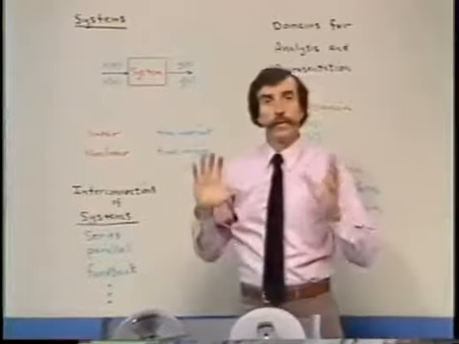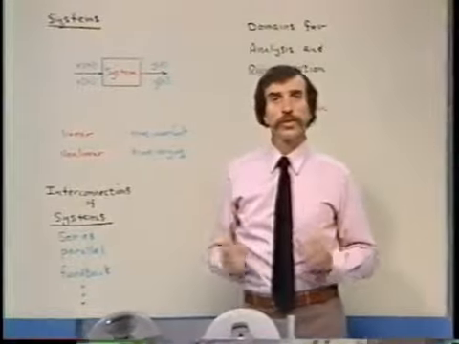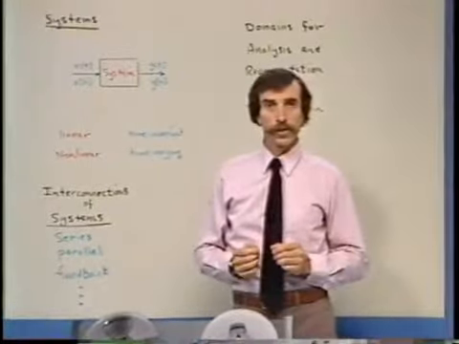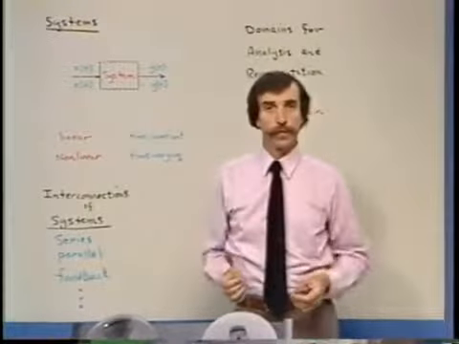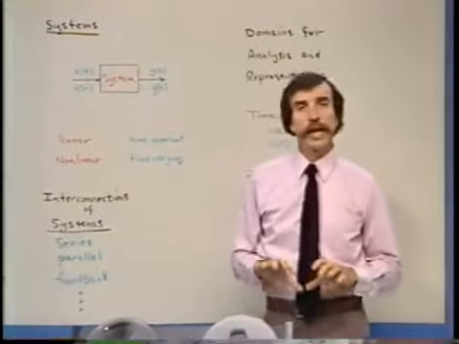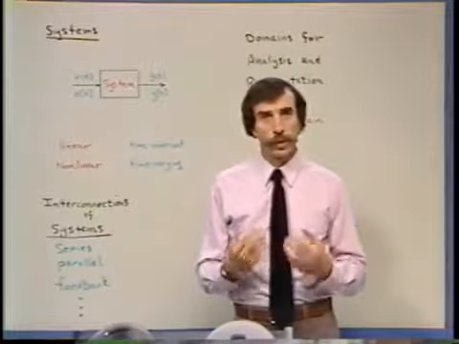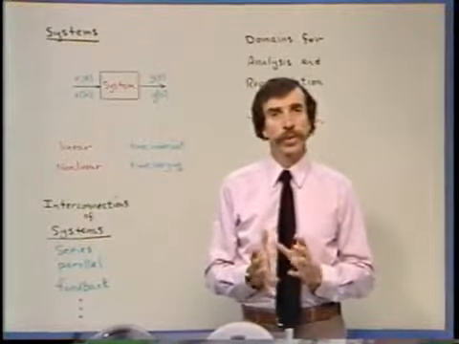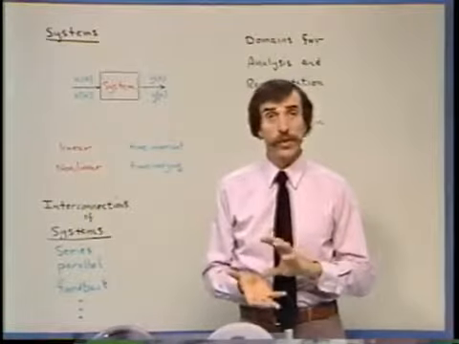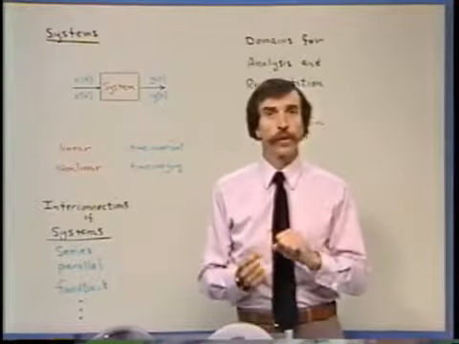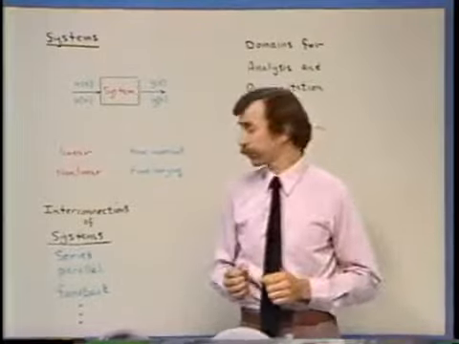Now, in very general terms, systems are hard to deal with because they are defined very broadly and very generally. And in dealing with systems and analyzing them, what we will do is attempt to exploit some very specific and, as we'll see, very useful system properties.